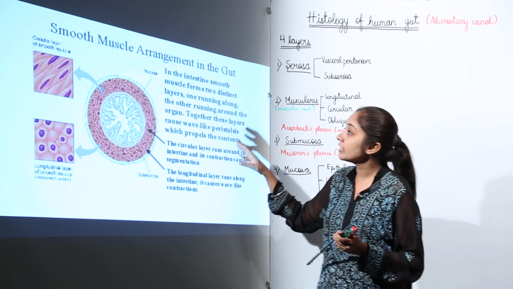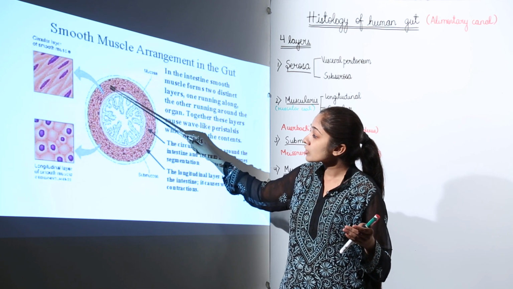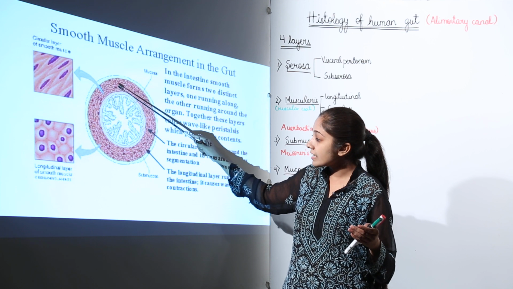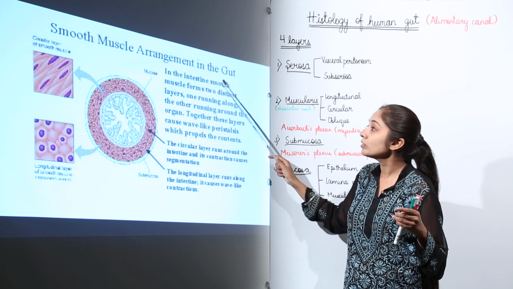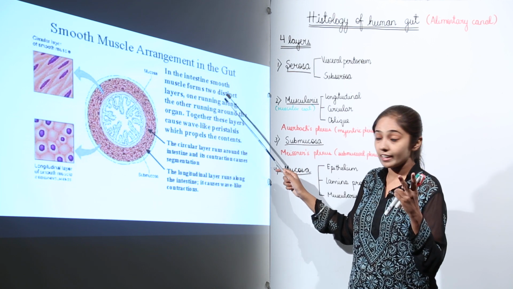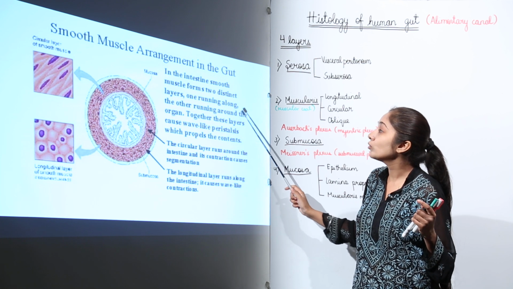So let's read this again. You can see in this image that we have a circular smooth muscle layer and a longitudinal muscle layer. In the intestine, smooth muscle forms 2 distinct layers, one running along and the other running around the organ.